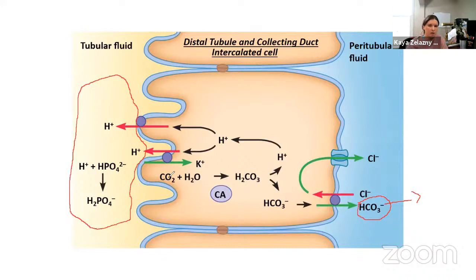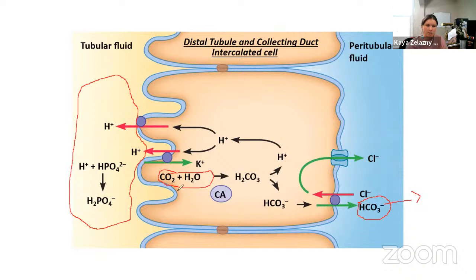We call it new bicarbonate, but what it is basically is that we are taking CO2 from somewhere, right? It might be from metabolic processes in these cells themselves, or potentially from the tubular fluid. But the important part is we're starting with CO2. We don't start with a bicarbonate ion, right?